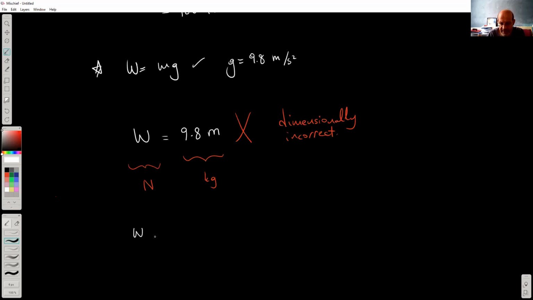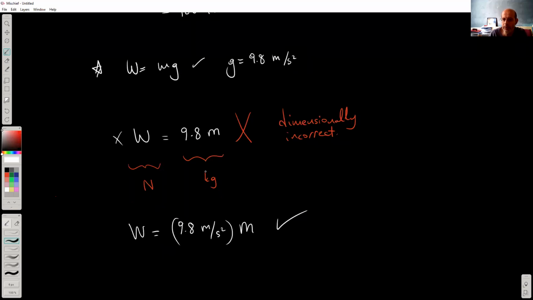If you want to do this, do it like that. That's the correct way of doing it. Do not write down the numerical value alone. Write down the numerical value together with the unit. So the correct way is writing 9.8 meters per second squared times m. This one is wrong because you haven't written down the unit that comes with this quantity.